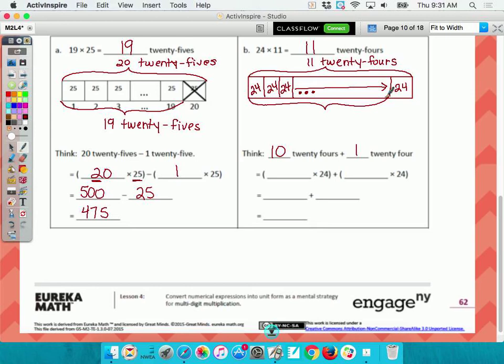Okay, Channing, help me. What number goes on bottom of this tape diagram? 10. 10 24s.